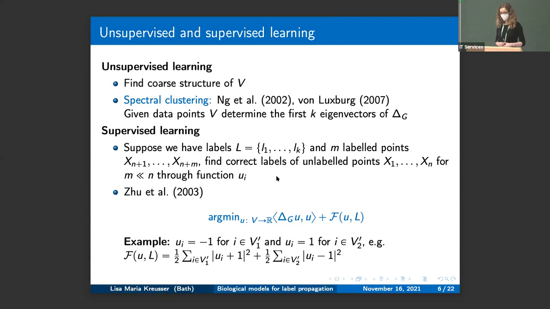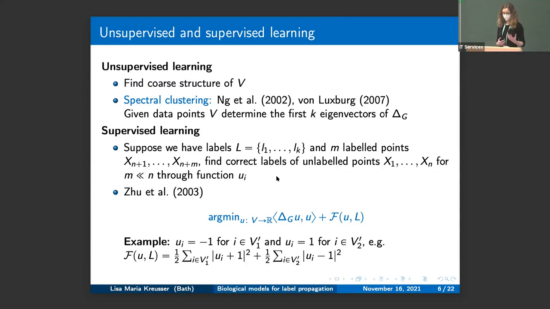And in the literature for this, it has been suggested that you should look at minimizers of some functional consisting of one term containing the graph Laplacian, as well as one fidelity term depending on the given labels L. As an example for the fidelity term, let's say, looking at something easier, we have some labels -1 and 1, and we know that there's some subset V1 prime of nodes which are all labeled -1, and we have another set of nodes V2 prime which are all labeled 1.